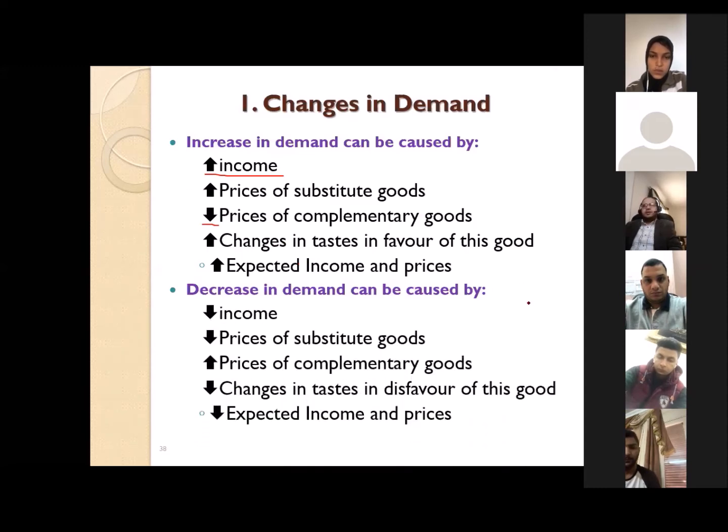The opposite is also right. Demand decreases when income decreases, when the price of a substitute decreases, when the price of a complement increases, or when there is a change in preferences or expectations for customers. Again, this just summarizes some aspects of demand theory.